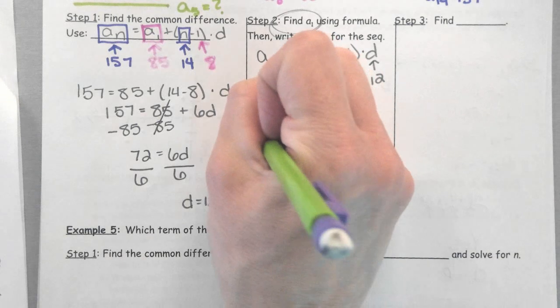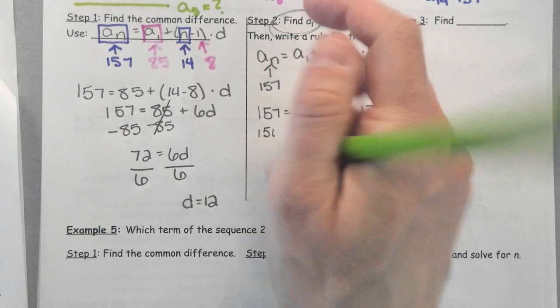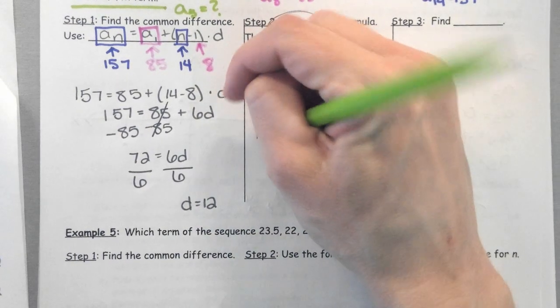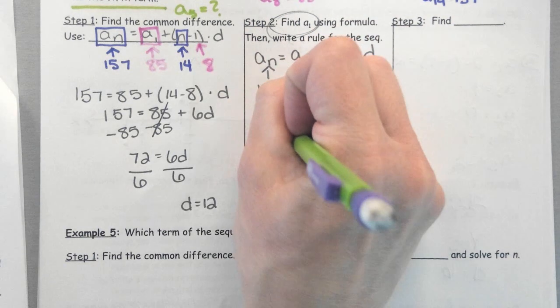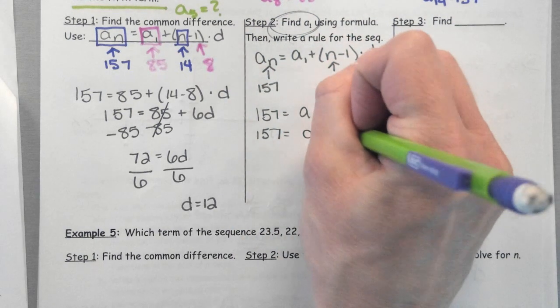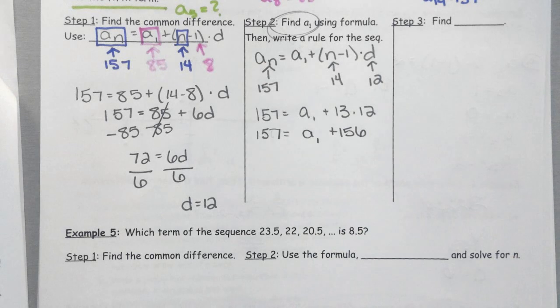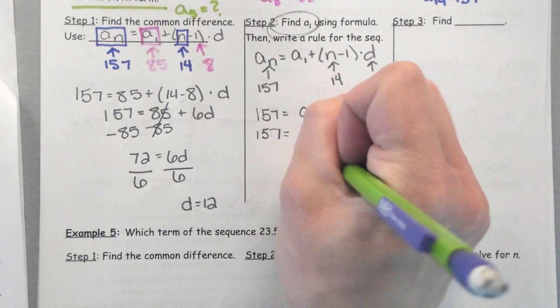So I get 157 equals a sub 1 plus 156. So what is a sub 1? 1.